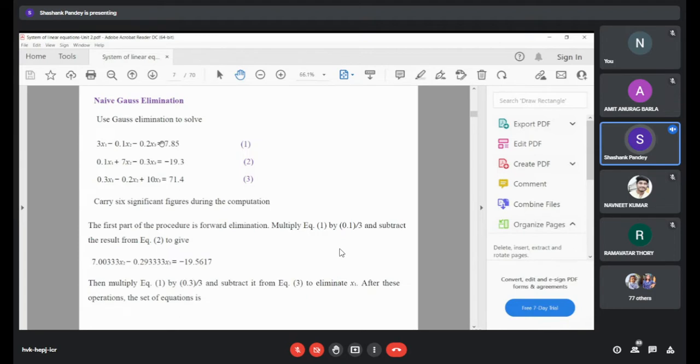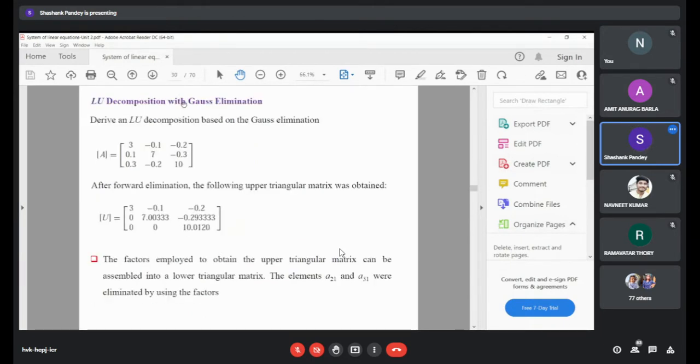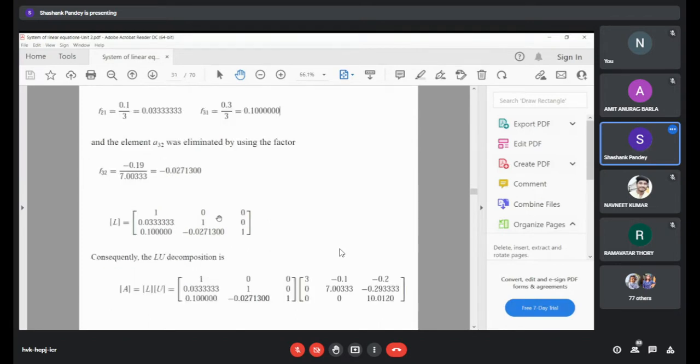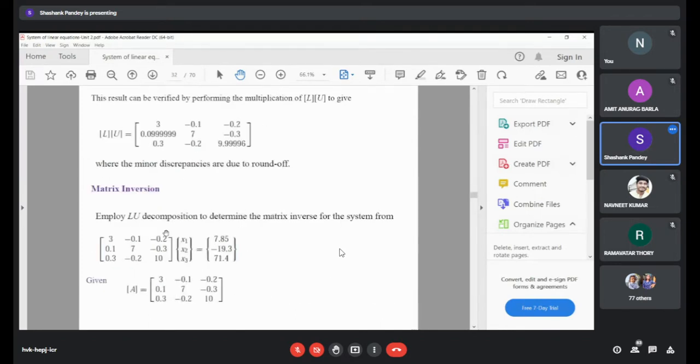We are only concerned about this matrix with the coefficients of x1, x2, and x3. So if I write it in matrix form, it is represented by this term, the A matrix.